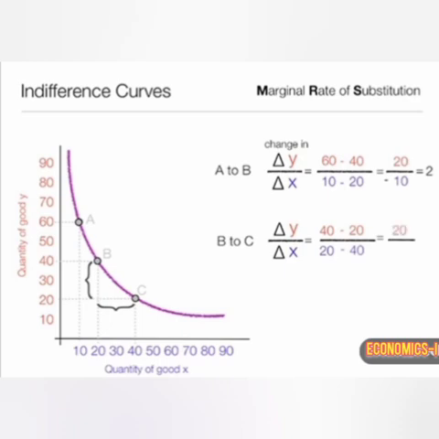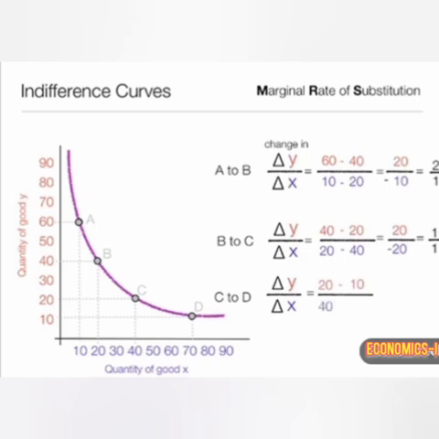Observe A to B point, B to C point and C to D point are negatively sloped down, meaning the readings are diminishing slowly. Utility is the same, the curve is negatively sloped down. As you see here, 2 by 1 decreased to 1 by 1 and decreased to negative 1/3.